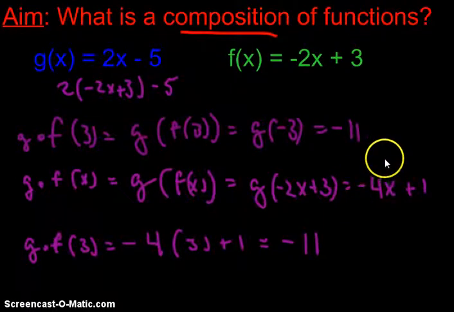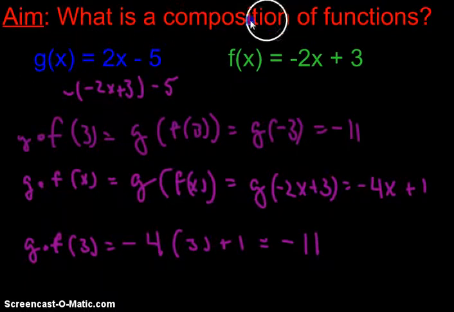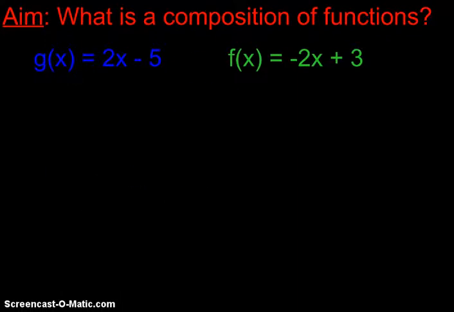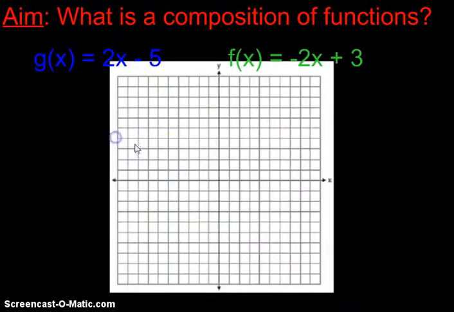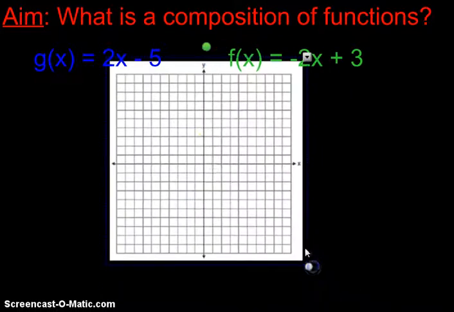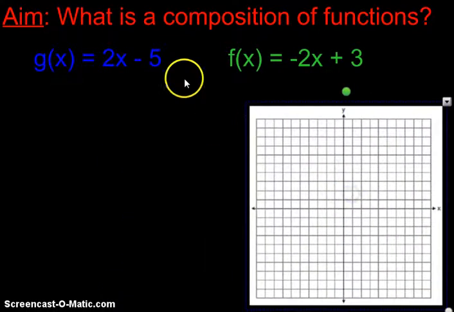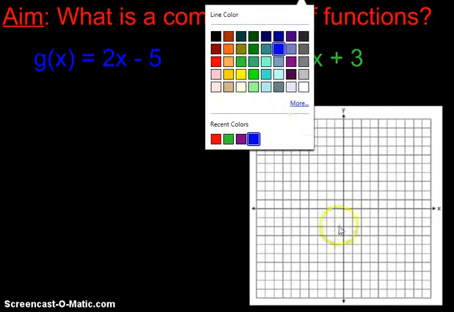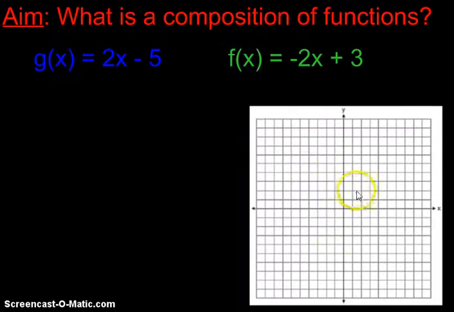So let's take a look at the graphs of these functions. First, the blue line will be this one. It has negative 5 as its y-intercept, and it goes up 2 over 1. Let's extend that.